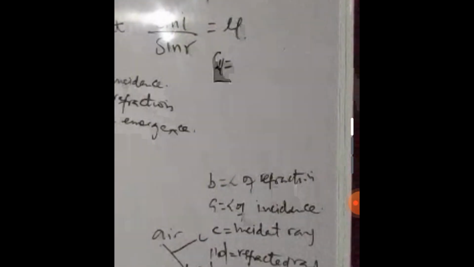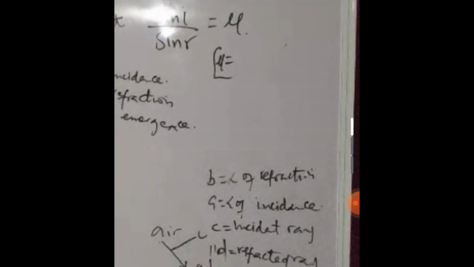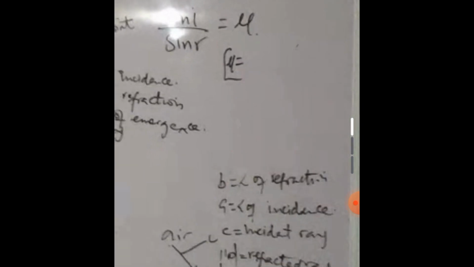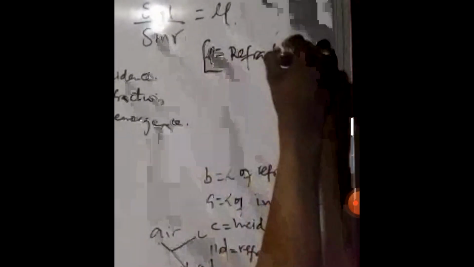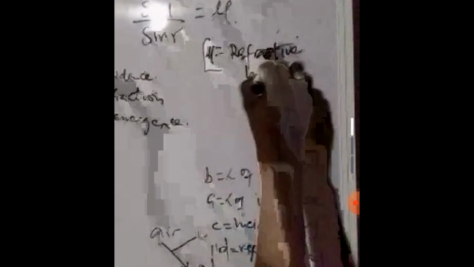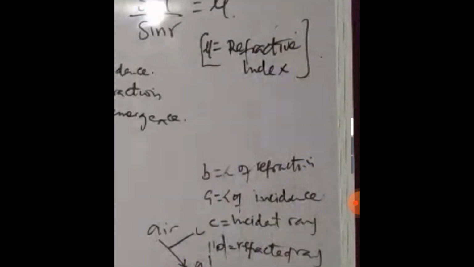So what is mu here? It is known as the refractive index. Please know it. Mu is known as the refractive index.